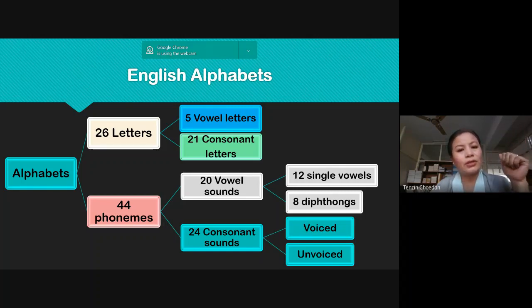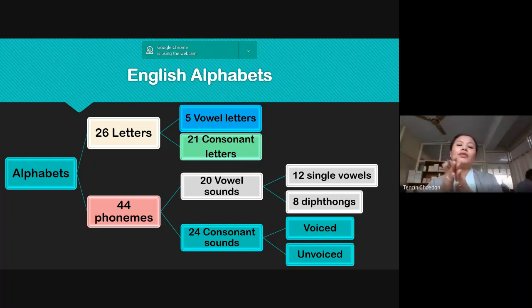Children must be made aware that the 5 vowels we keep on telling, A, E, I, O, U, are just 5 vowel letters, not sounds. The 21 remaining letters are the consonants, again consonant letters.